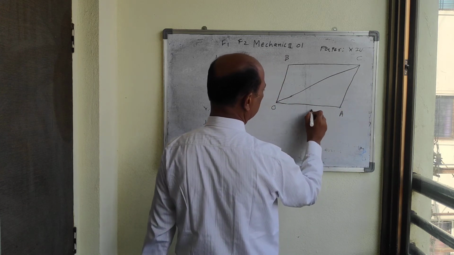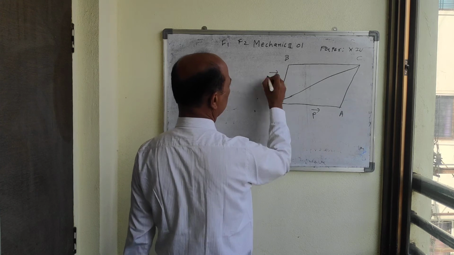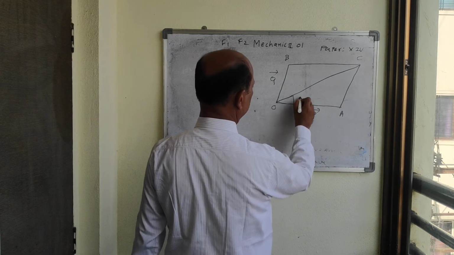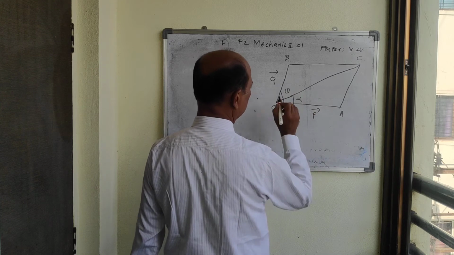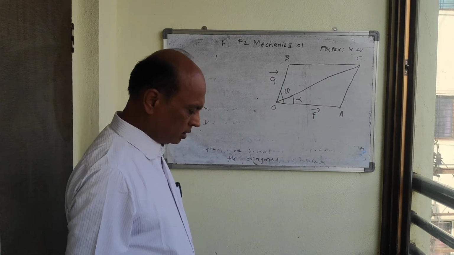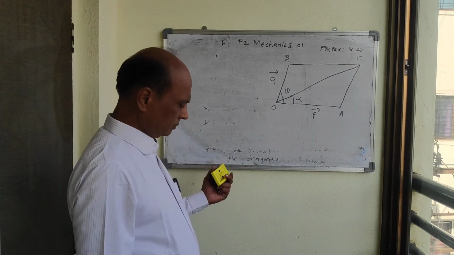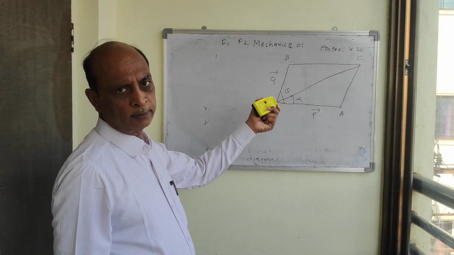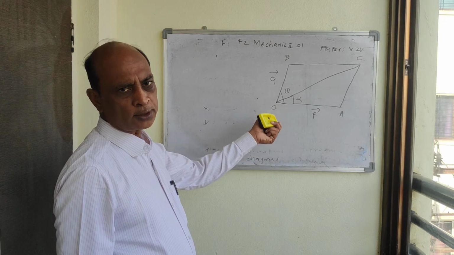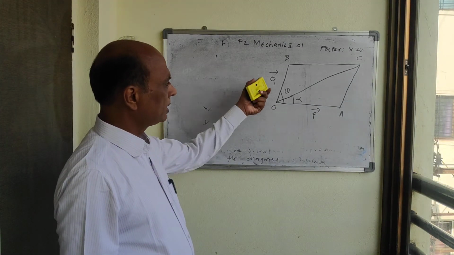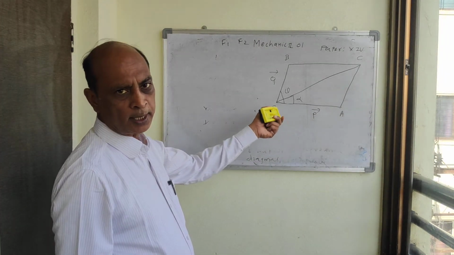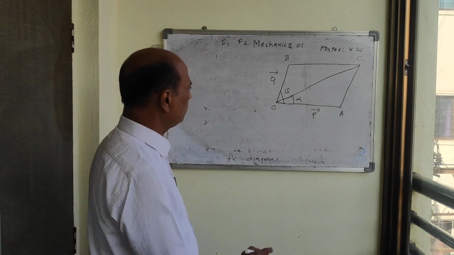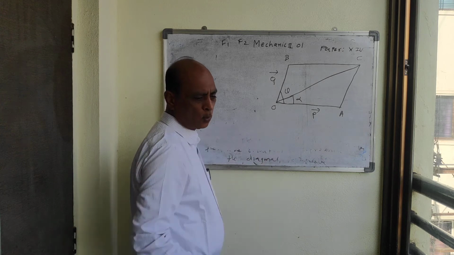And this is the force P bar and this is the force Q bar. This angle is say alpha and this total angle is theta. Now here let P bar and Q bar be the two forces which are represented as the adjacent sides, through the point of application, that is O.